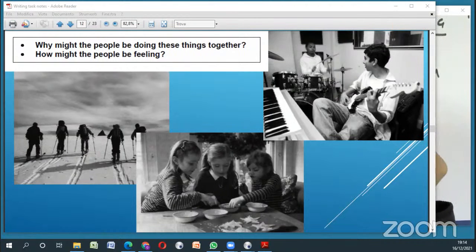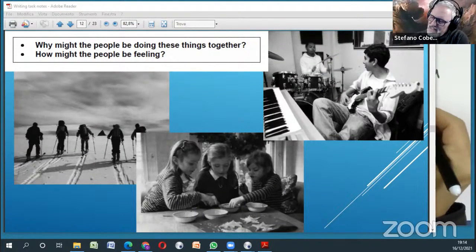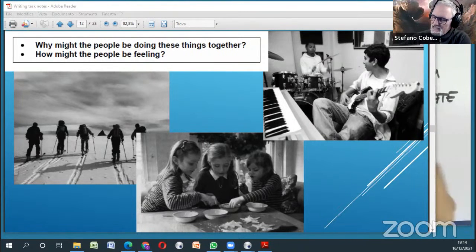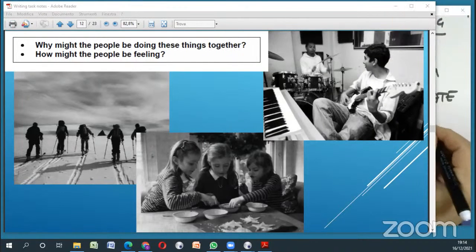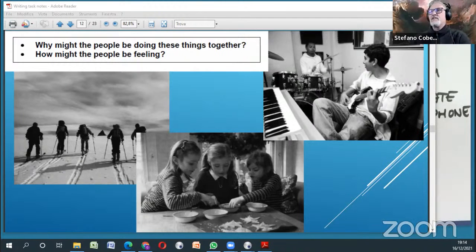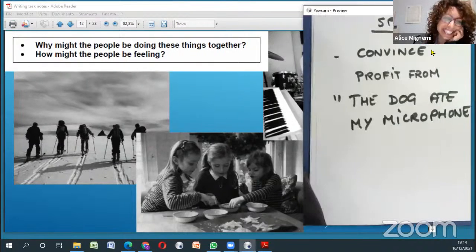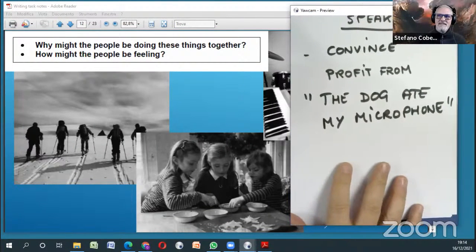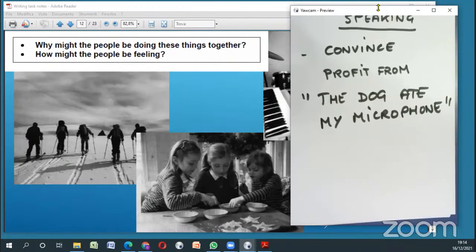Maybe the brain doesn't work well. The dog ate my microphone. Okay, this is the classic one. This is a dad. The dog ate my microphone. We could write a book, okay, Gordon?